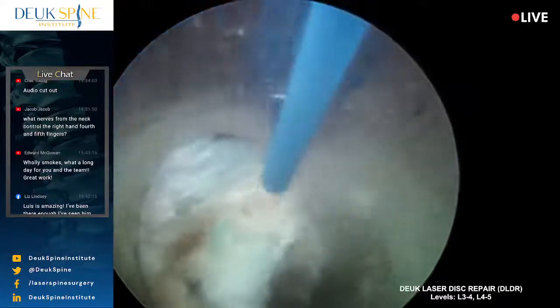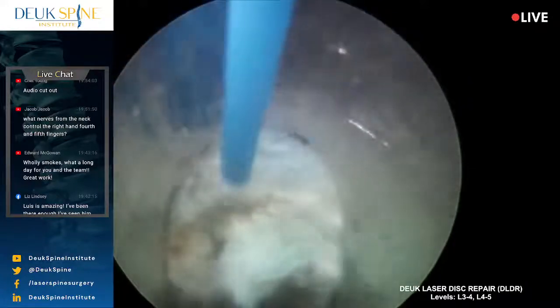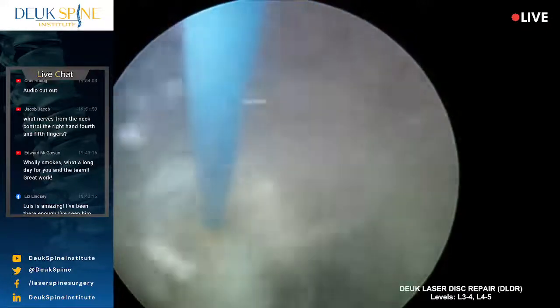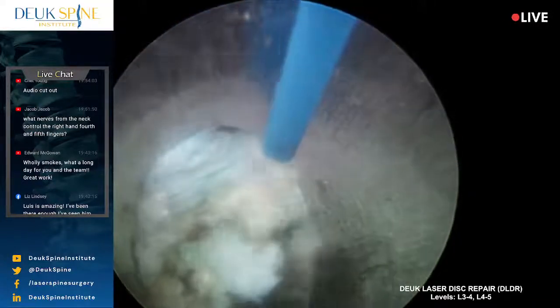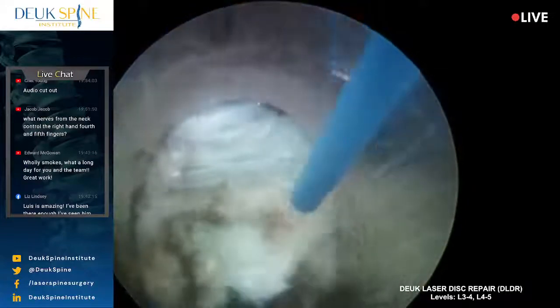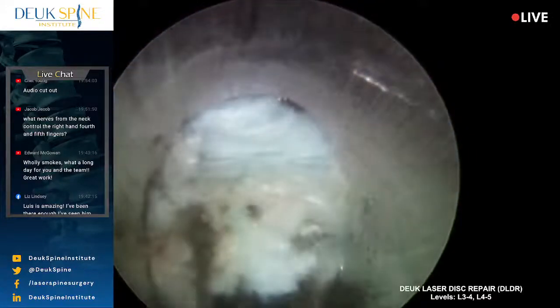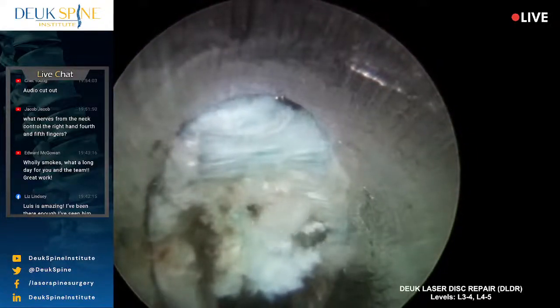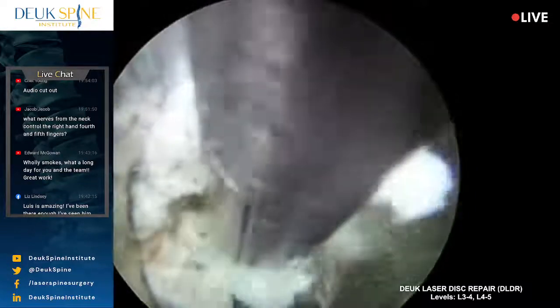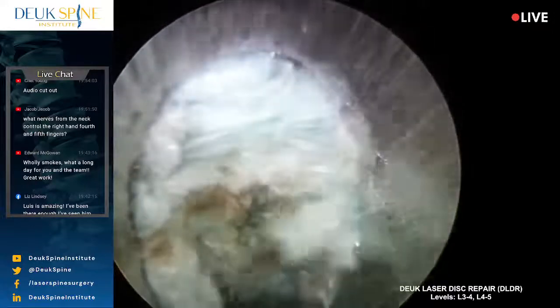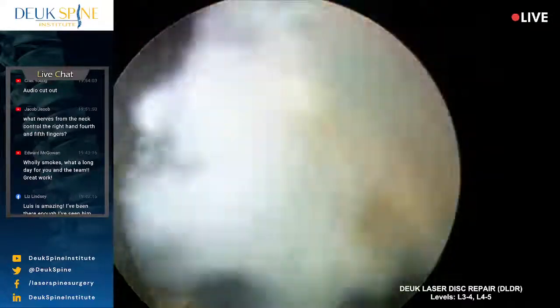This nuclear material normally would just come right out, but it's been here for a long time. This piece here looks to me like it's at least about 3 to 5 years old, based on the amount of scarring. It's just stuck to the annular tear, and it won't come out. So I just released it about 90%. I'm going to go in and take the rest of it out by grabbing it, if I can. And there it is.